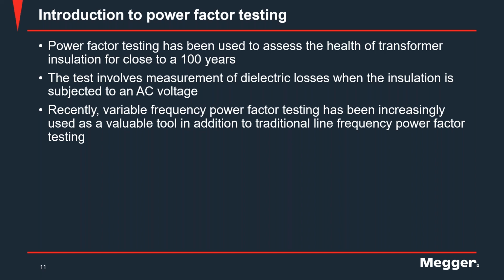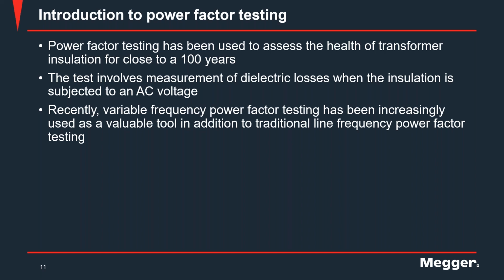So from what we have discussed so far, we know that insulation plays a big role in the health of the transformer. So to get the maximum life out of a transformer, we need to keep a close eye on the insulation, and test it from time to time. There are several oil tests which are done on oil samples, but there are also some electrical tests which are done on the overall insulation of the transformer, and power factor test is one of the oldest.